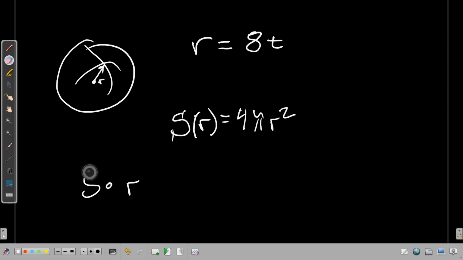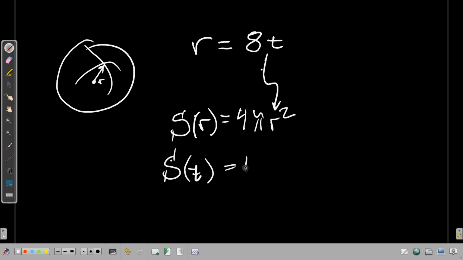I just want to say, just going to substitute that in, right? Actually, substitute it in over here. So that way S of t would be 4 pi times 8t squared.